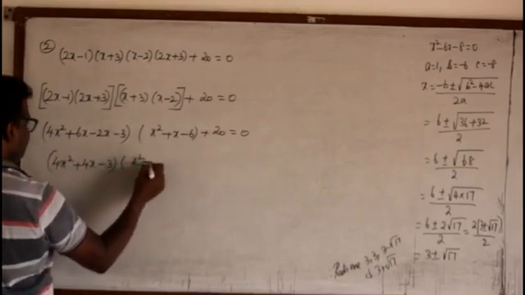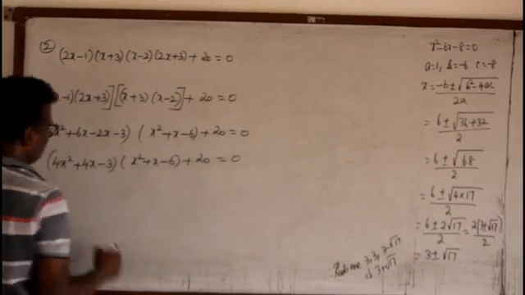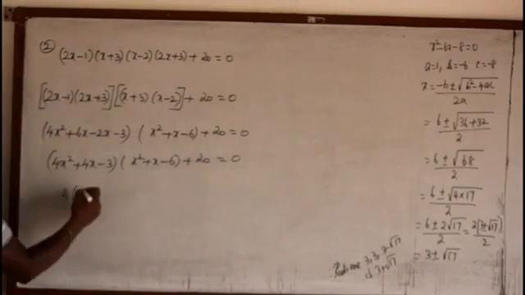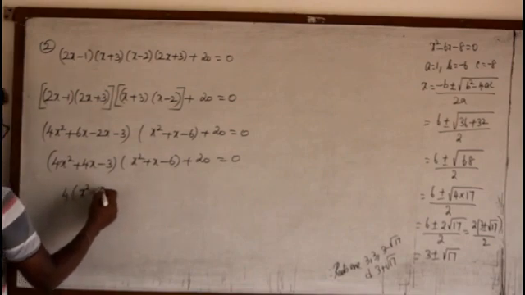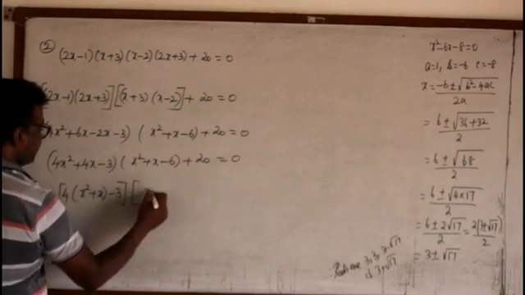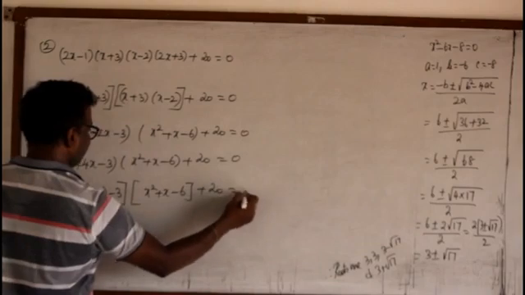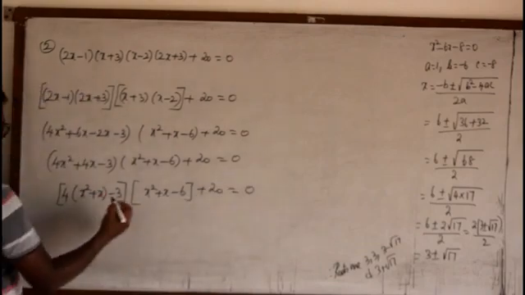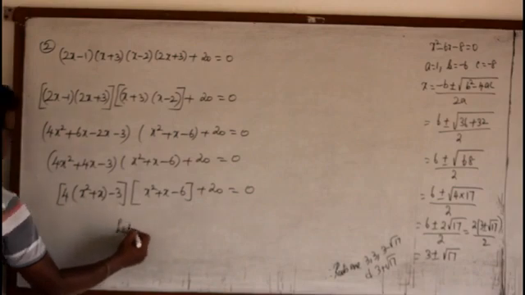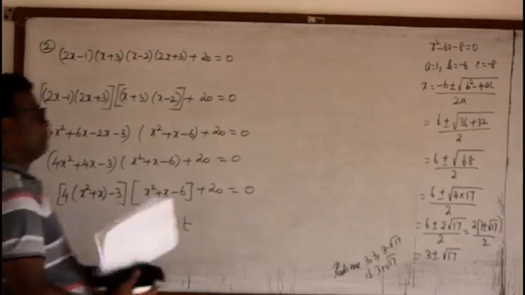In the first two terms 4 is common, then I will have x square plus x minus 3, this is the first term here. Here it is x square plus x minus 6 plus 20 equal to 0. Now you can see that x square plus x will be repeated. So let the repeating term x square plus x be t.